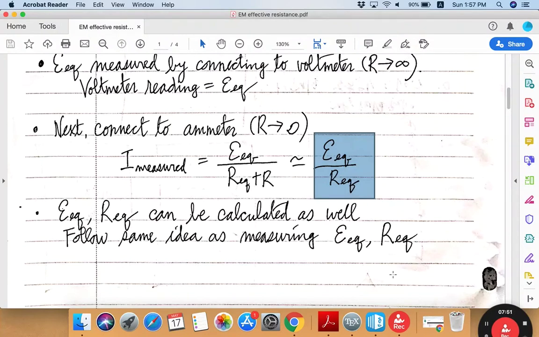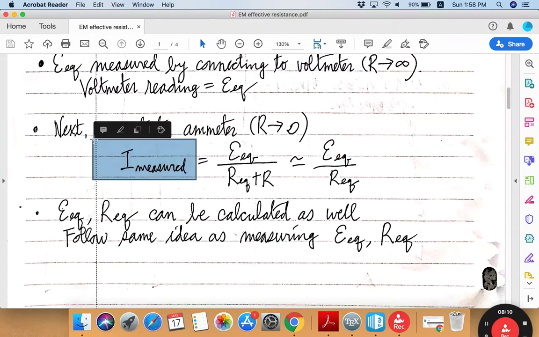Now, we have already determined what this numerator, namely the equivalent voltage, is. And through the ammeter, you can also measure this.